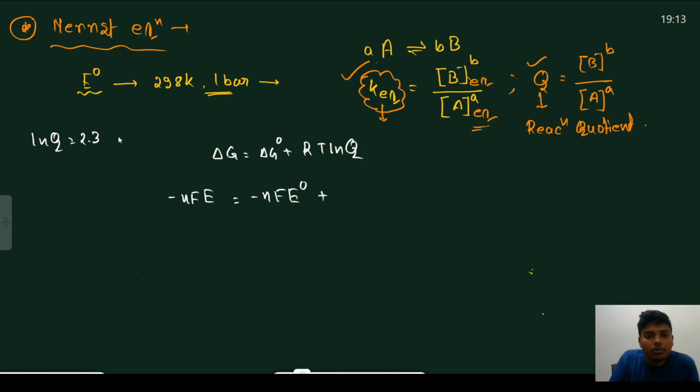We have to multiply it with 2.303 or 2.3 log Q. So from here we can write 2.3 RT log Q.